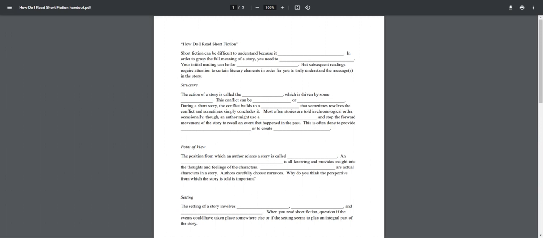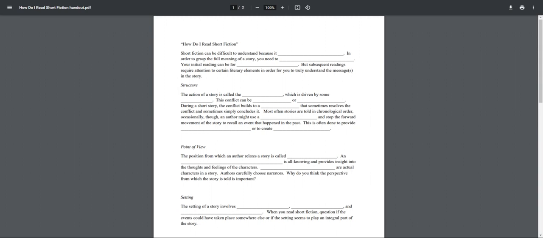So pay attention to the structure of the story. How is it told? Is it told chronologically? Are there flashbacks where you go back in time? Do we have circular patterns where things seem to get repeated? All of those are issues of structure that you need to pay attention to.